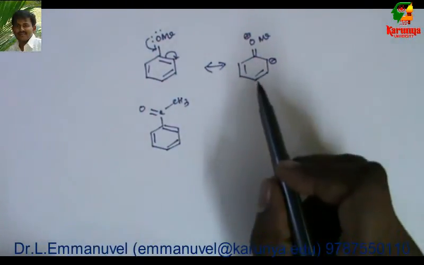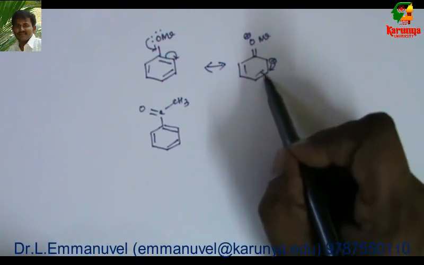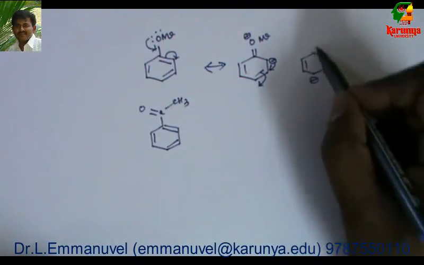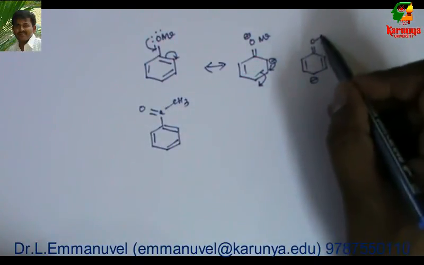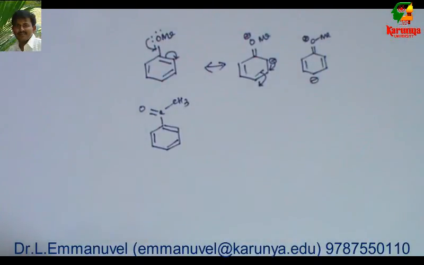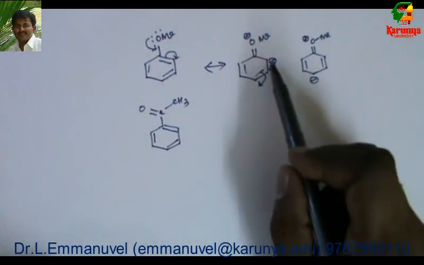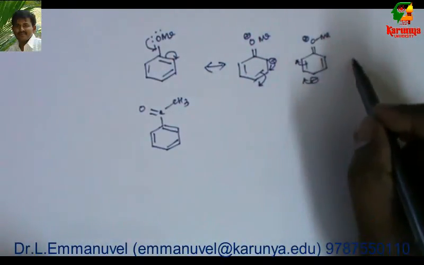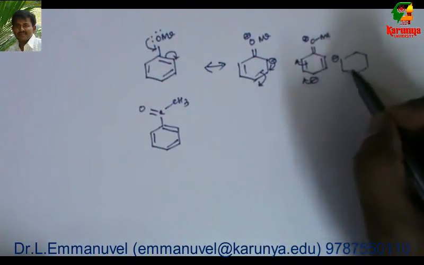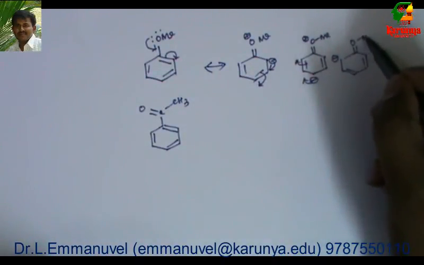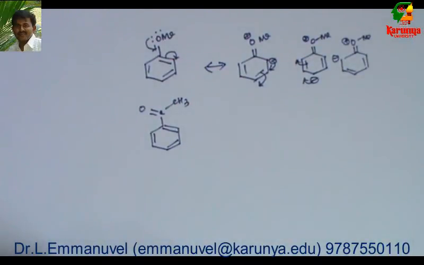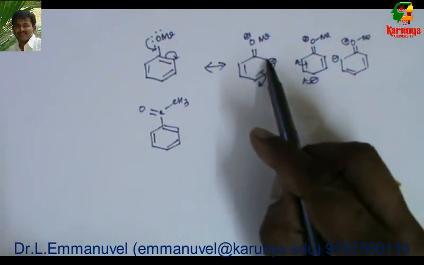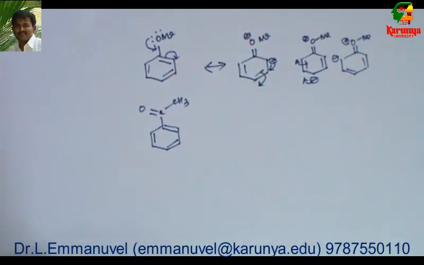But in this aromatic ring, it is further in conjugation here. So what we get is another resonance structure in which the minus charge is on this carbon. So we get minus charge on this carbon as well as this. If you go further, you will get it on this carbon. Basically, the electron cloud on the ortho and para positions has increased.